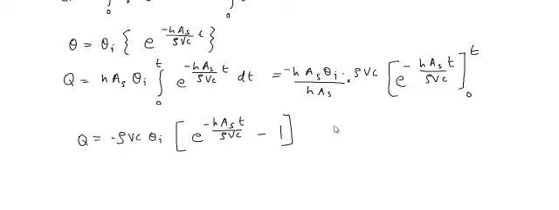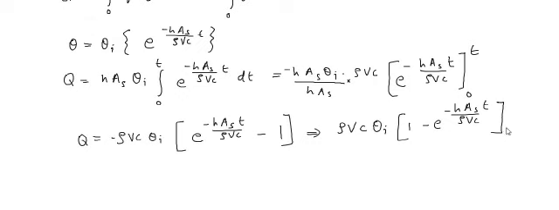If you take the negative sign inside, you get rho Vc times theta I times 1 minus e to the power negative hAs times t over rho Vc. So this is what we get.